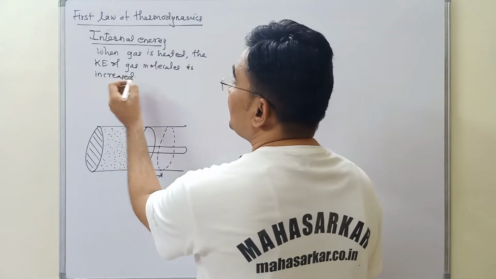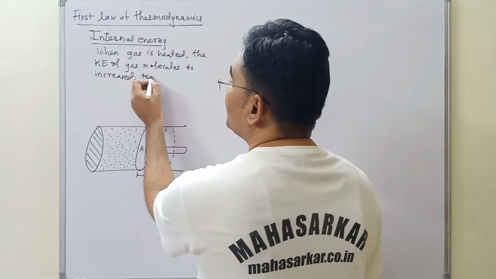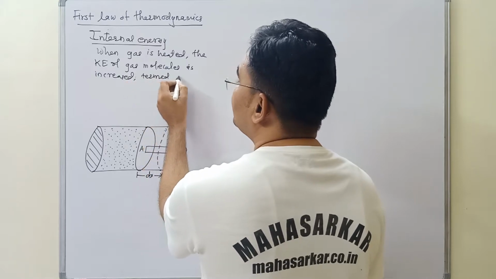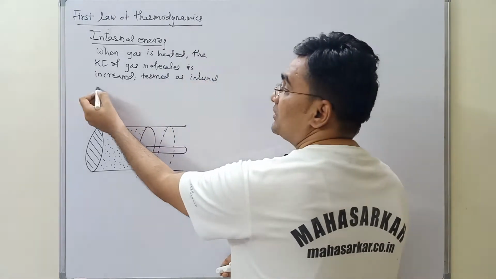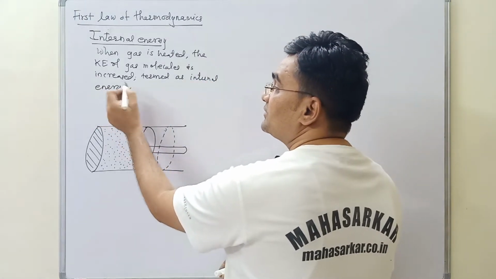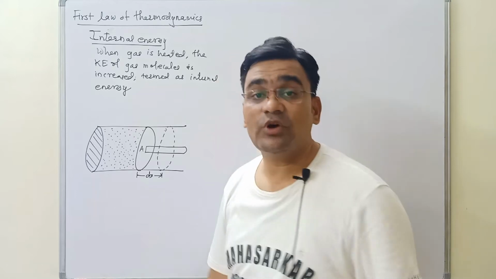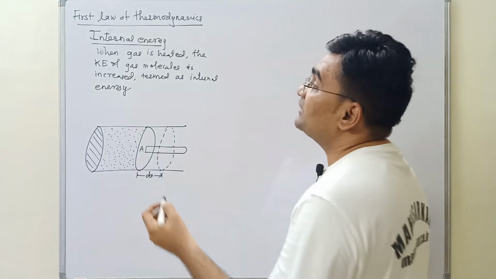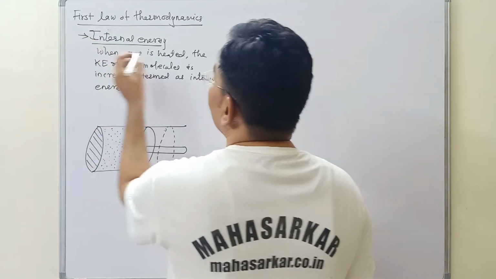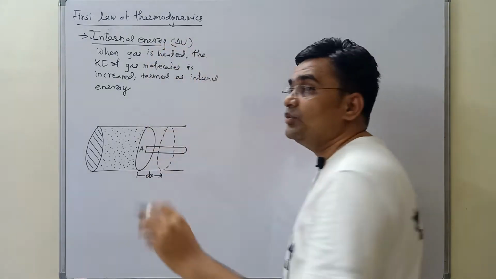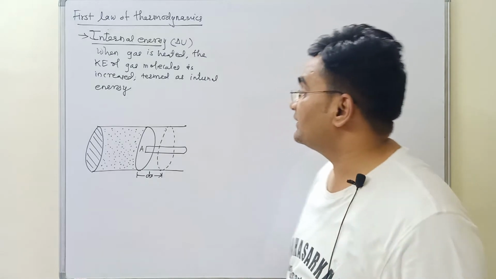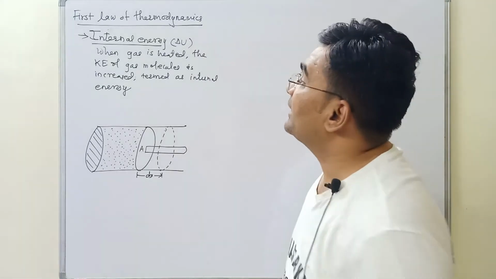That increase in the kinetic energy is termed internal energy. So when you heat the gas, its internal energy is increased. It is indicated by the letter U or delta U, where delta U is the difference between initial and final kinetic energy.